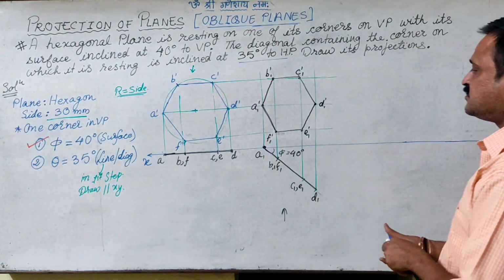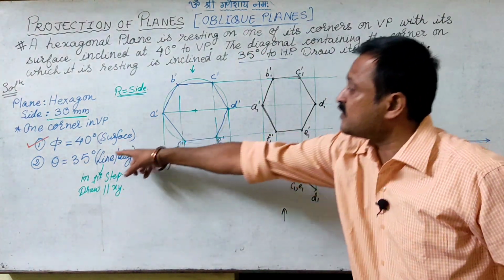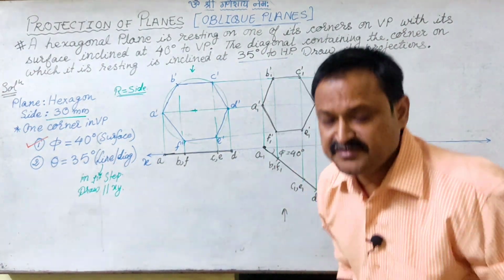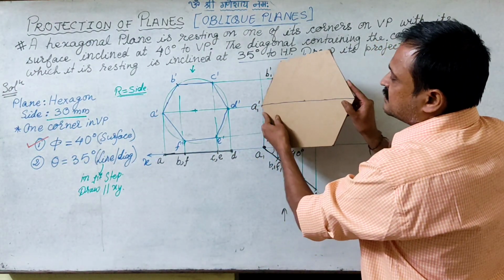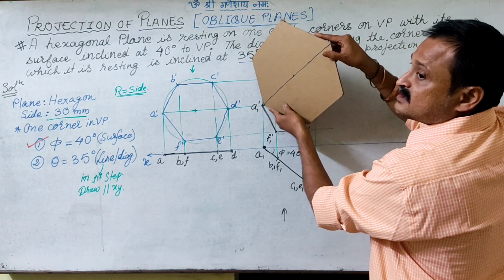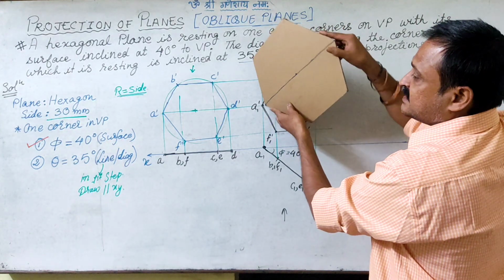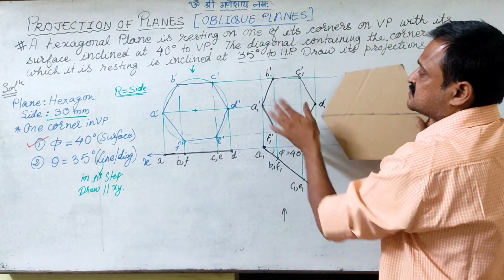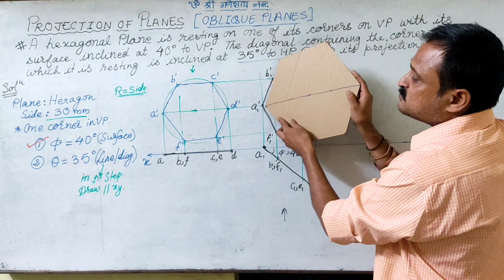Now here we need to be careful while drawing theta. Now here what will happen? We are at this condition, and now I have to give this inclination, right? So when I am giving this inclination, fine. So that means the shape and size of the front view is not going to change.